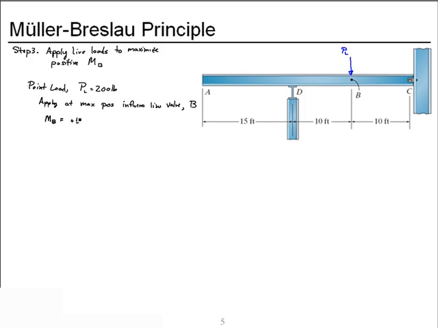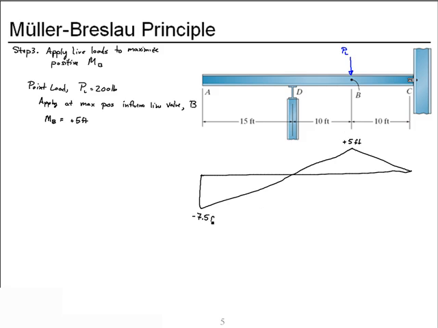And to calculate its effect, we take the magnitude of the influence line at that point, which we recall, our influence line looked like this. Positive value here, negative value here, where A, D, B, and C lined up as such.